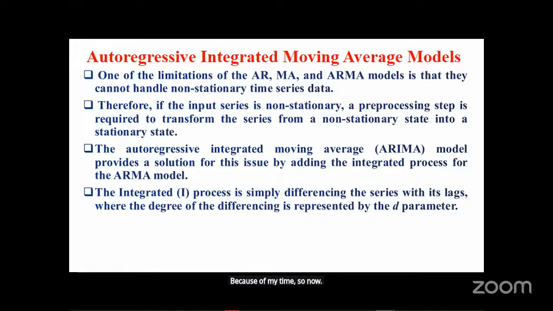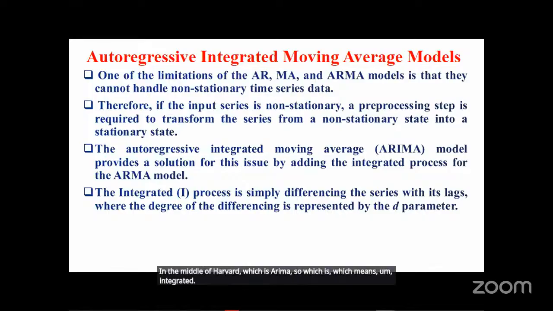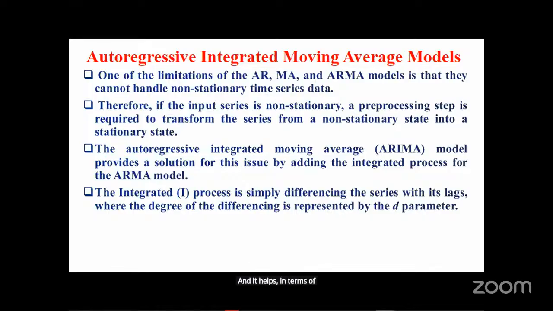So ARIMA is more like an upgraded version of ARMA, because you have what we call I in the middle of ARMA, which is ARIMA. It means integrated, and it helps because you are differencing the data to satisfy the property of stationarity. So ARIMA is a combination of autoregressive and moving average, then you have integrated.